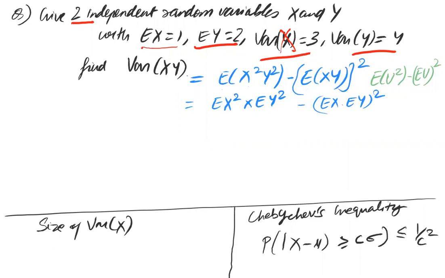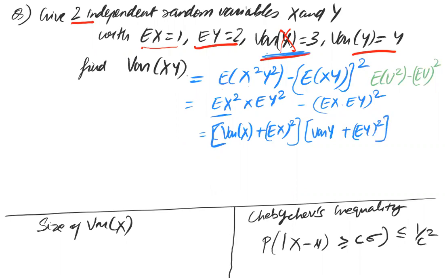Right? So now I write this down as, now E of X^2 can be written as, I already have the variance here, right? So that's why I'm going to use that. Variance of X plus E of X the whole square, times the same thing for Y, variance of Y plus E of Y the whole square, minus E[X]E[Y] the whole square. Now I have all the variables I need. Okay, just one more thing. How did I come up with this?